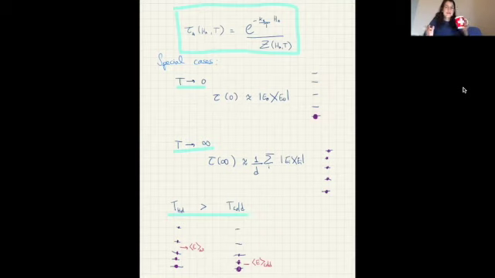At the opposite end of the scale, we can see what happens when T goes to infinity, that this exponent here goes to 0. So at infinite temperature, this goes to 0, which means that all the terms here have exactly the same probability. So what you end up with is a fully mixed state, an equal mixture of all the energy eigenstates.